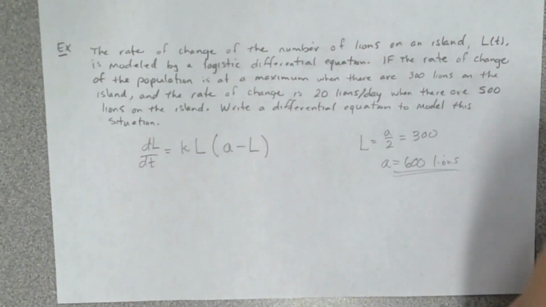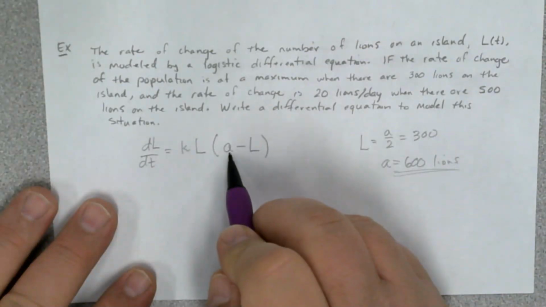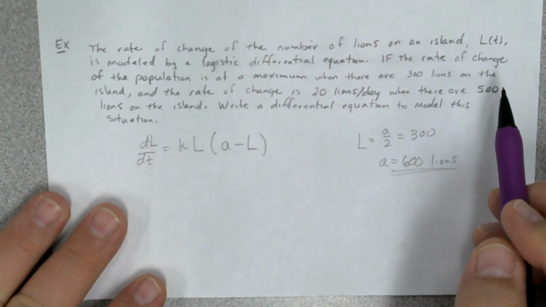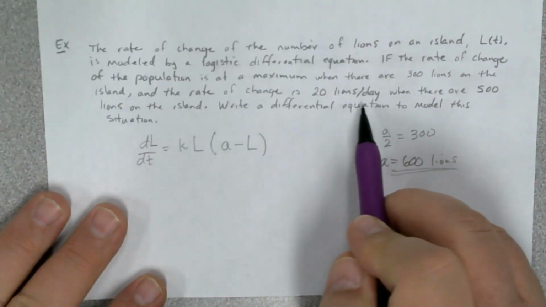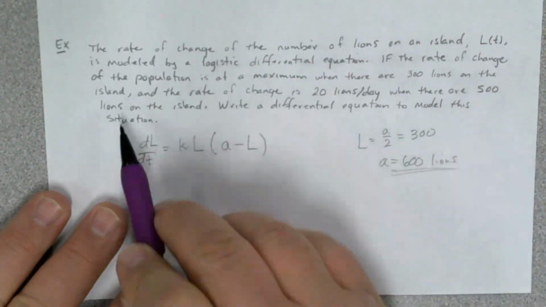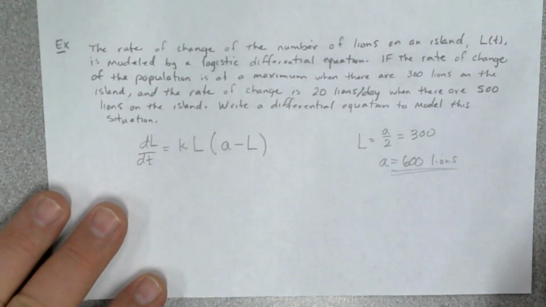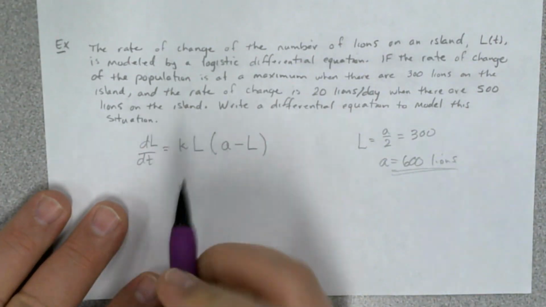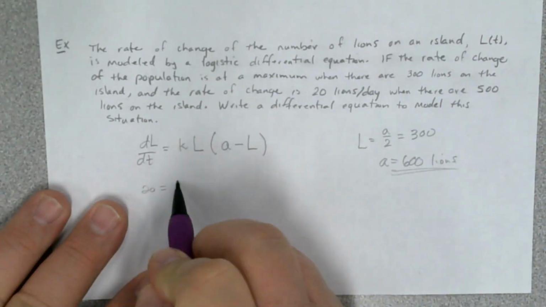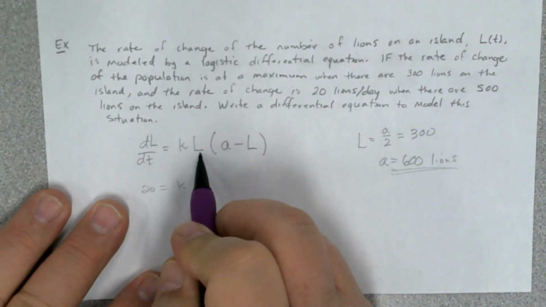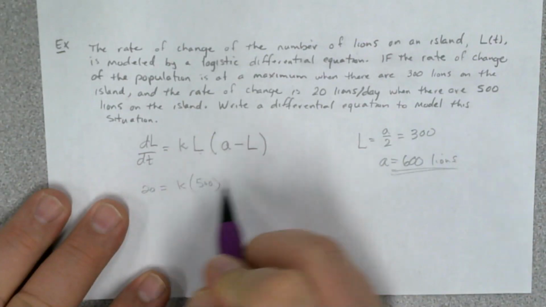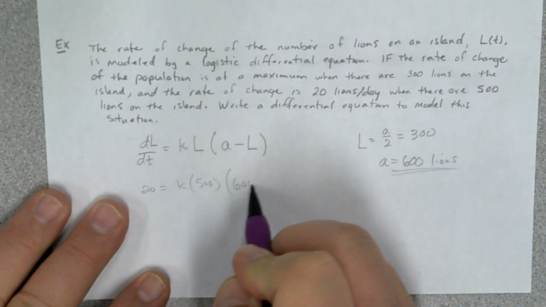Okay, so once I have that number, then I know from right here that the rate of change is 20 lions per day when there are 500 lions. That means dL/dt is 20. I don't know k. That is when there's 500 lions on the island. This is 600 minus 500.